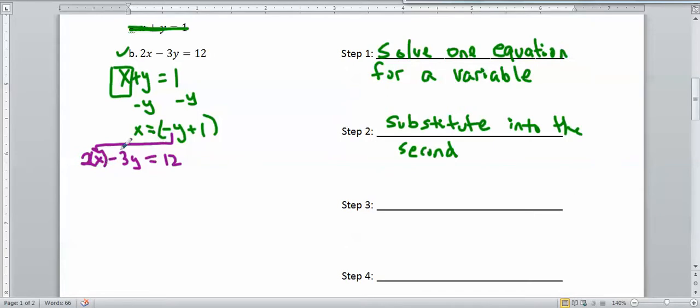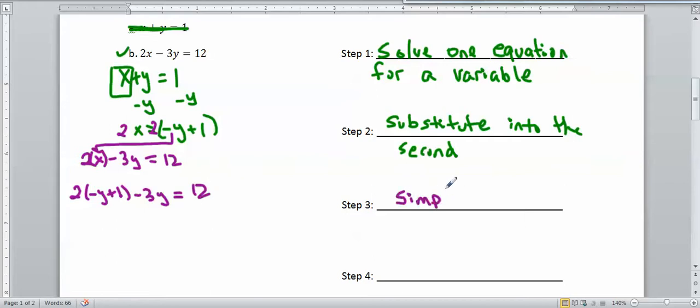I am replacing x with this whole thing, and this whole thing is being multiplied by 2, right? Because if I take that 2 and move it up here, I've got to multiply this side by 2. So when I replace it, it's going to look like this: 2 times negative y plus 1, minus 3y, is equal to 12.